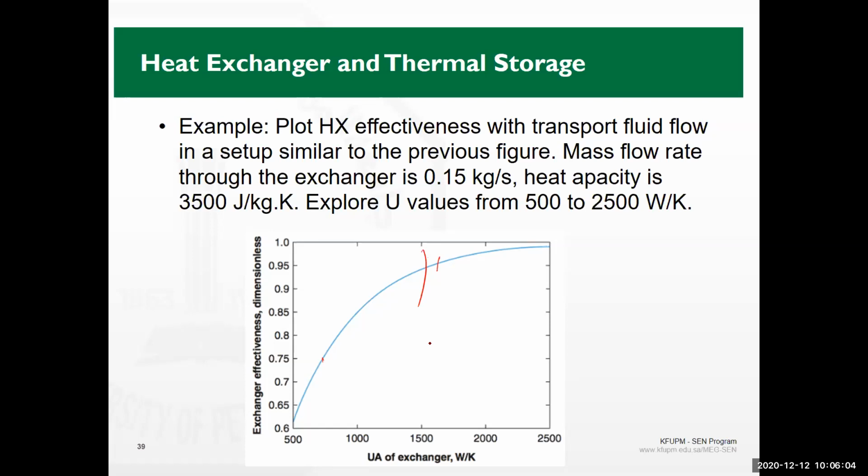So you're talking about a parametric analysis that provides a relation between the effectiveness and the UA value. If you are talking about a constant area, then you can see the effect of the U value and the effect of the fluid that you are using. So there are so many parameters that you can use for determining the right size of the thermal storage.